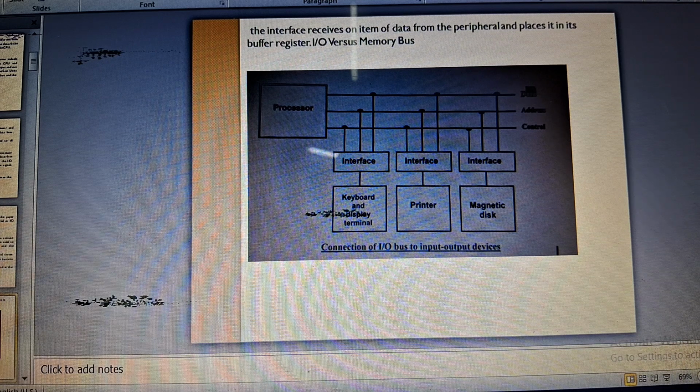There is an interface between the various peripheral devices like the keyboard, display terminal, printer, and magnetic disc. So the processor can easily communicate with these peripherals with the help of the interface.